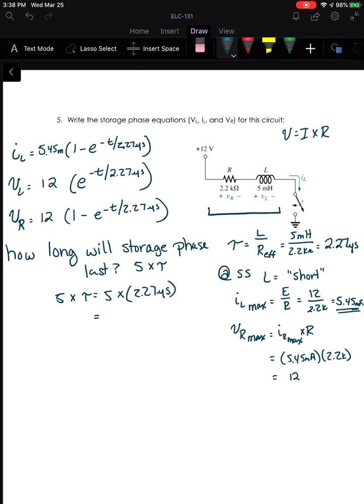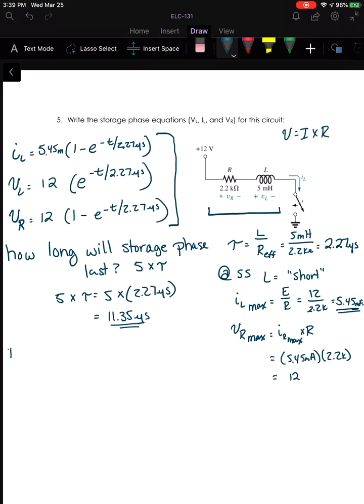So let's see how long it's going to take. So about 11.35 microseconds. So that's how long it's going to take to get through the whole storage phase. However, in your equation, this is just tau, okay? We don't want the 11.35 microseconds there.